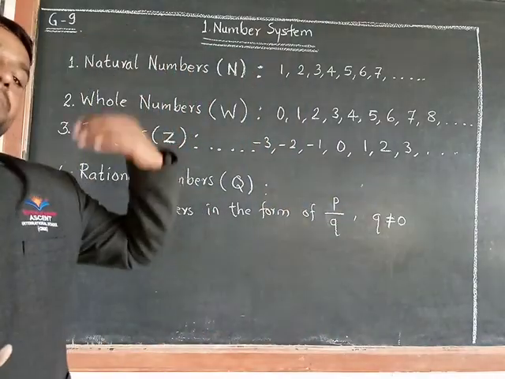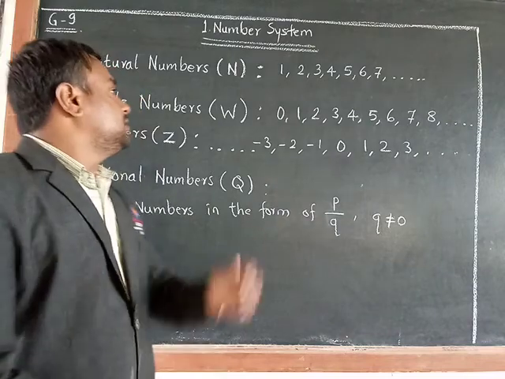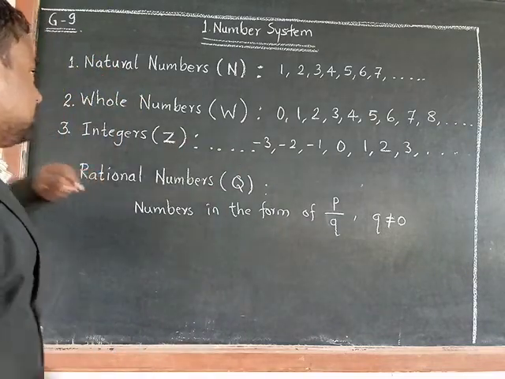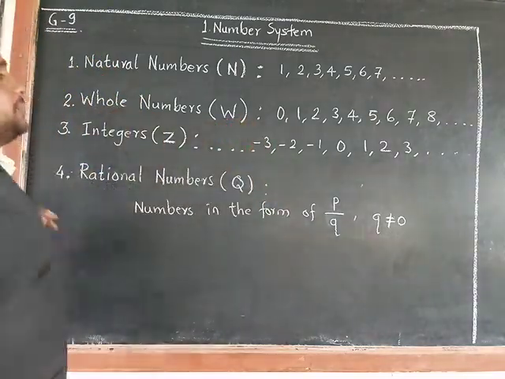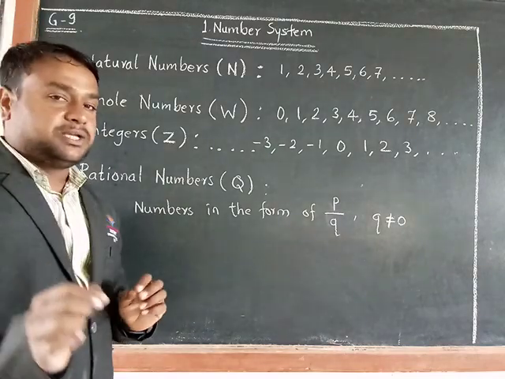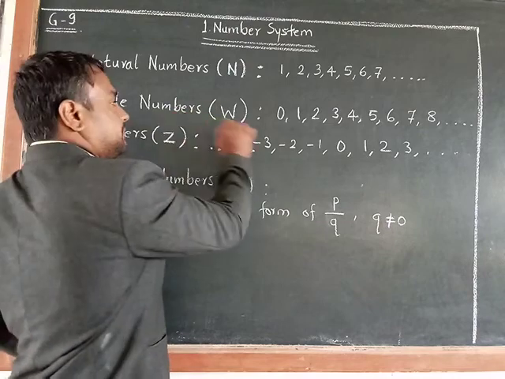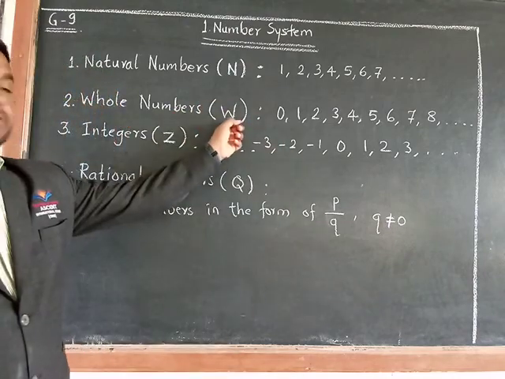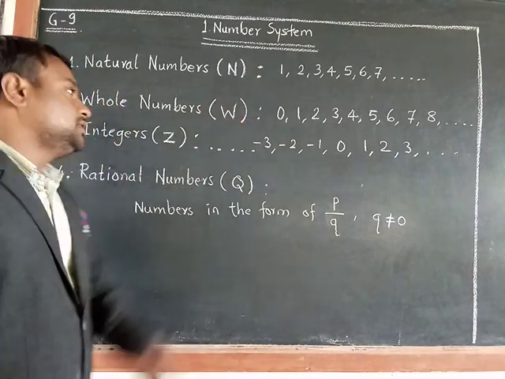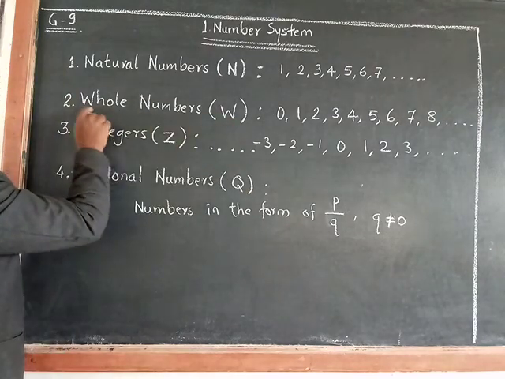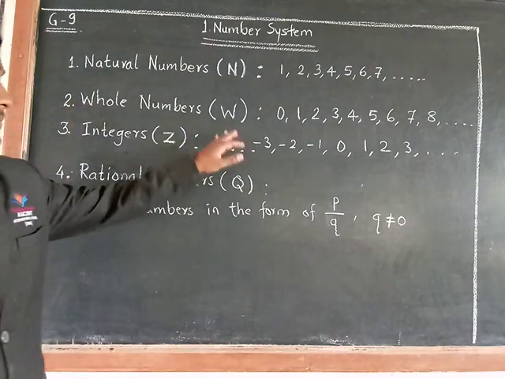You can count more and more numbers for the whole numbers. Whole numbers is a set of numbers which includes 0 and natural numbers. Whole numbers are denoted with the symbol W, for whole. That is the whole number set.